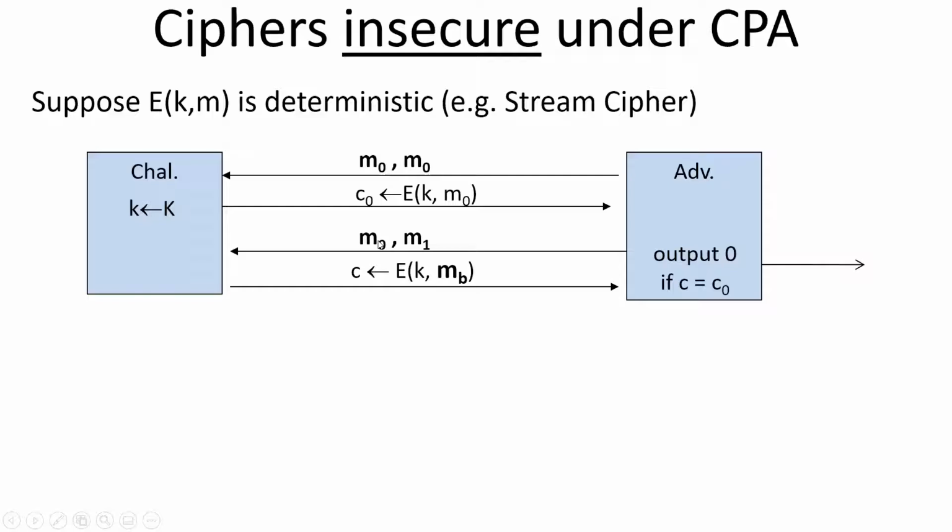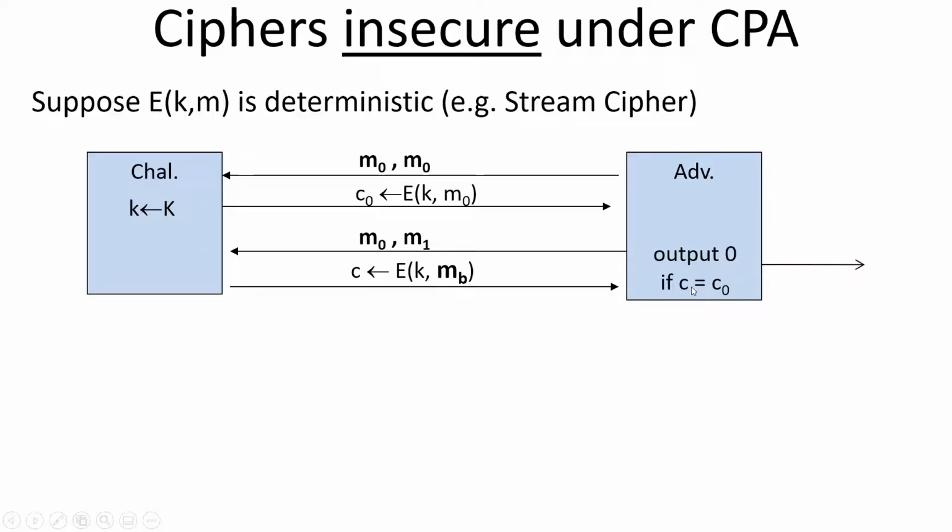Well, in this case, the secret bit is b, and this will be a re-encryption of the same message M0, but because the encryption is randomized, the collision should happen with negligible probability.